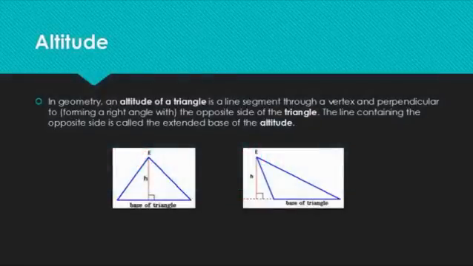First, let's just review what an altitude is. The altitude of a triangle, in geometry, is a line segment that goes through the vertex. So the vertex is a point on the triangle.